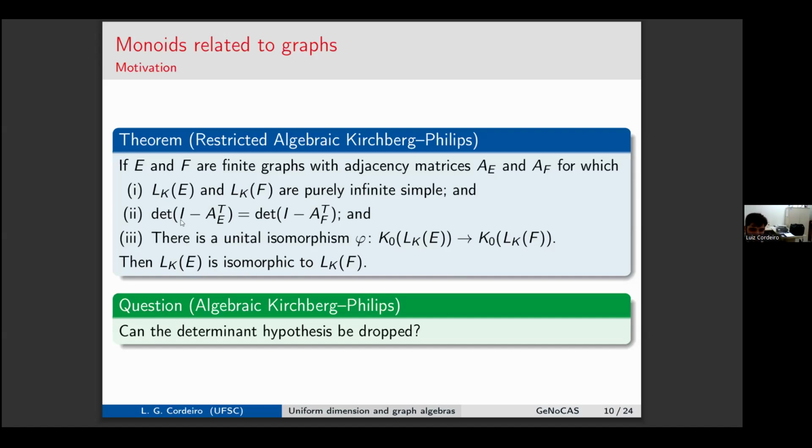So that is quite particular to the algebraic case. And in the C-star case, we can drop these conditions. So the natural question is, can the determinant hypothesis be dropped as well in the algebraic case? And that is still a very much open question, which motivates a lot of work nowadays.